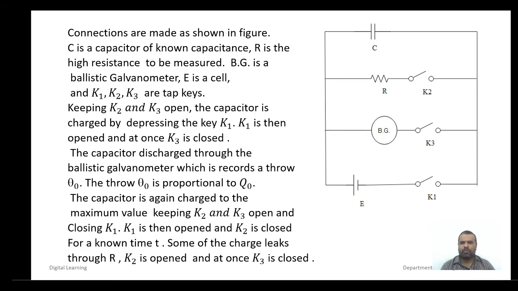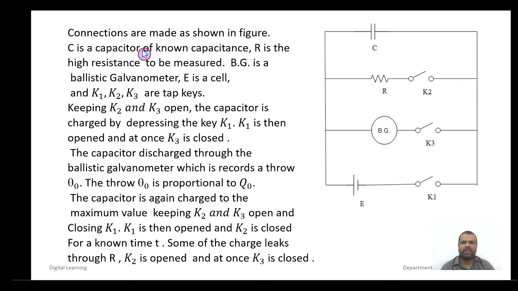For this, connections are made as shown in the figure. It is a ballistic galvanometer, first a battery, ballistic galvanometer, resistance and capacitance. There are three keys K1, K2 and K3. Connections are made as shown in the figure.